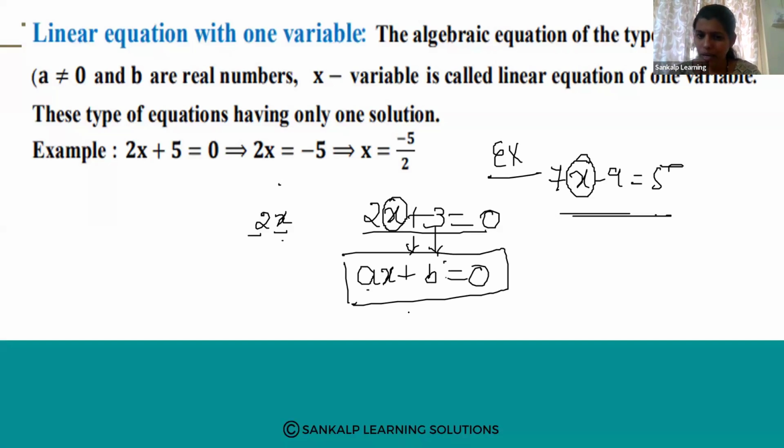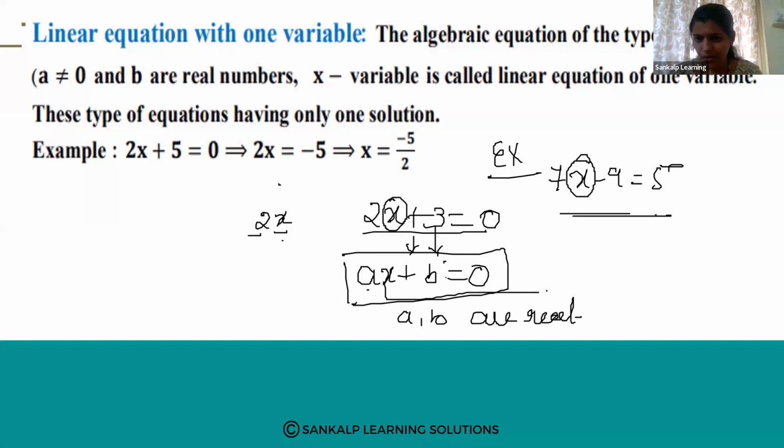What do you mean by a and b? a and b are real numbers here. Real numbers means that the numbers may be anything. It may be positive, negative, a fraction, or anything. Rational, irrational numbers ಏನೇ ಇರಬಹುದು. So a, b are real numbers and x is a variable.